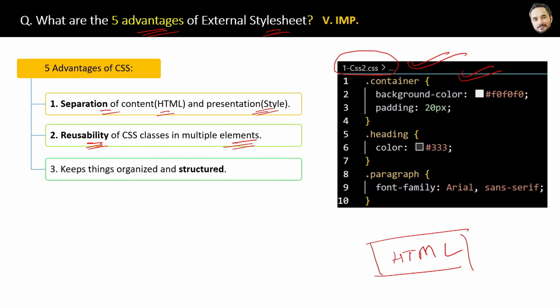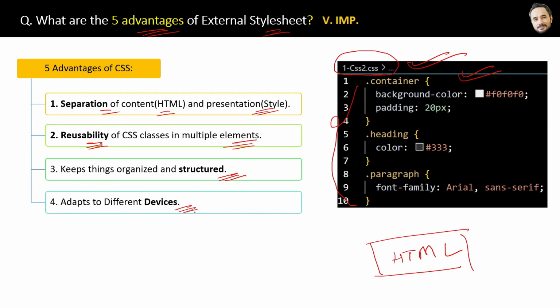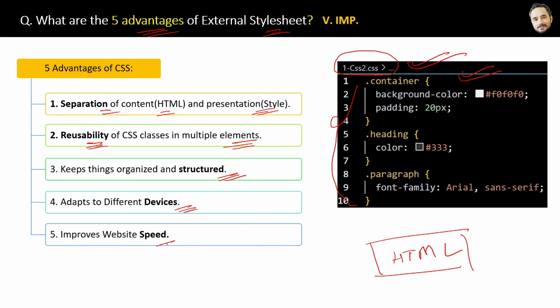Third advantage is keep things organized and structured. That is the obvious advantage, right? Fourth advantage is it adapts to different devices. Then fifth advantage is this improves the website speed, because then your HTML will be very lightweight, and that's why when the website loads, the loading speed of the HTML pages will increase a little bit.